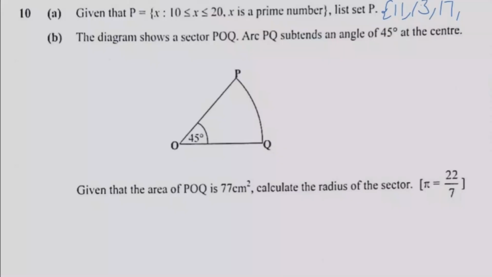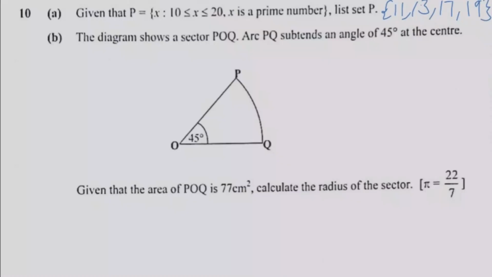So we are told to list the numbers that are prime numbers, which means numbers that have 2 factors. 18 has more than 2 factors, but 19 has 2 factors, so 19 will also be written. Basically that's how you find the answer.